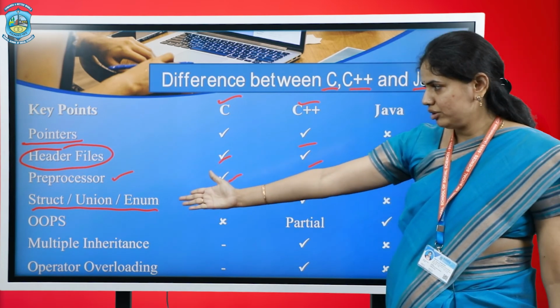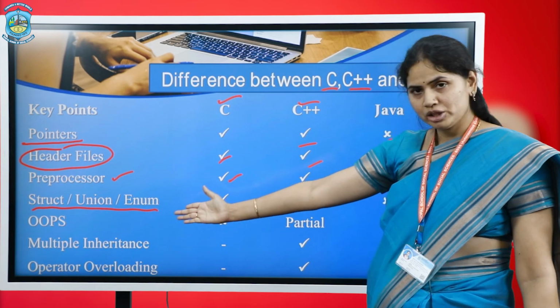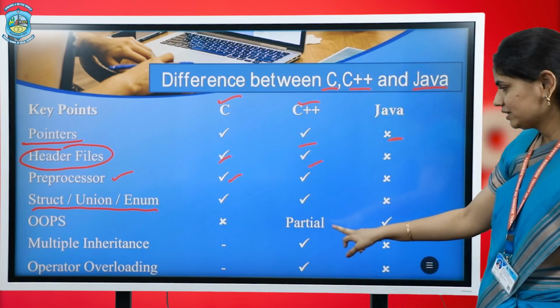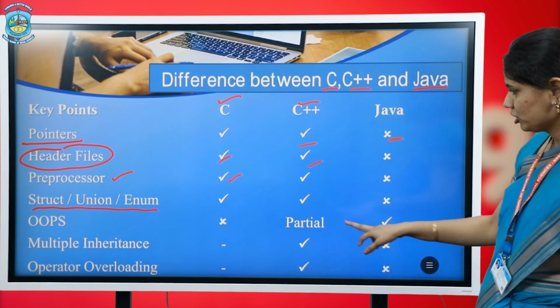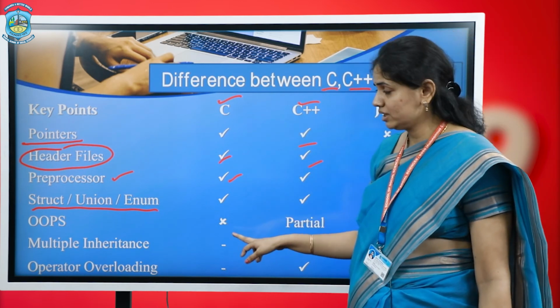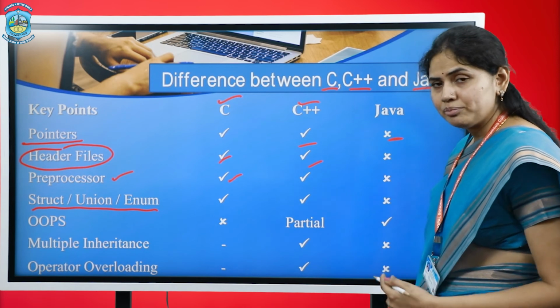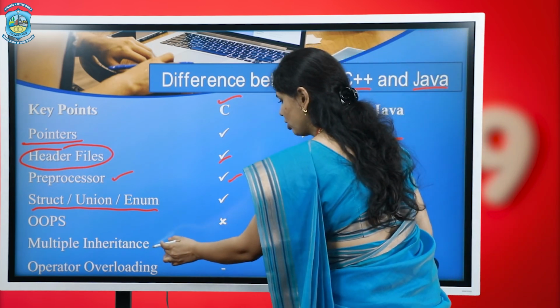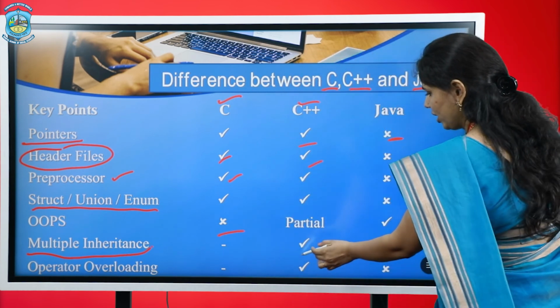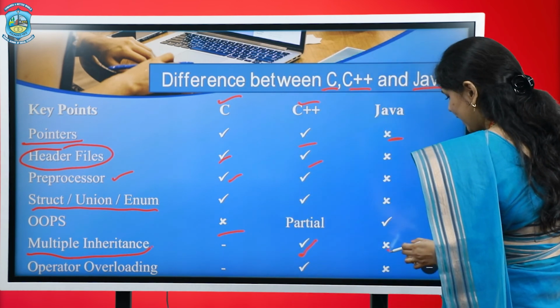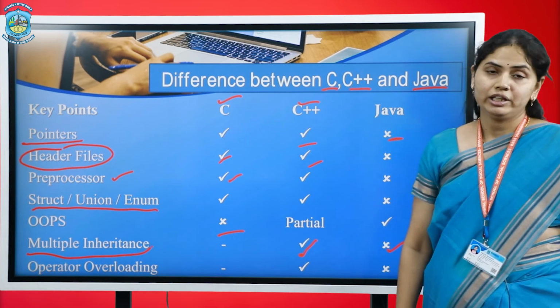Then, as we already discussed about object oriented, C++ is partially object oriented and Java is fully object oriented, while C is a procedural language. Then the concept of multiple inheritance was not there in C, but it was there in C++ and it is not supported in Java.